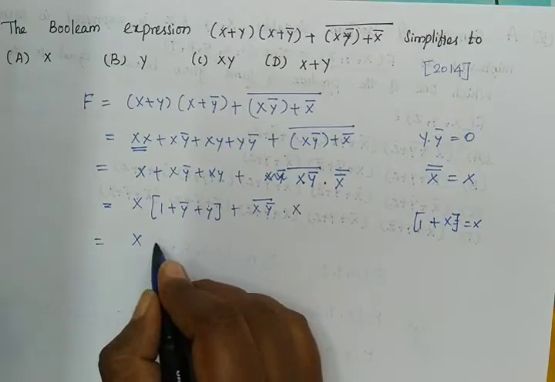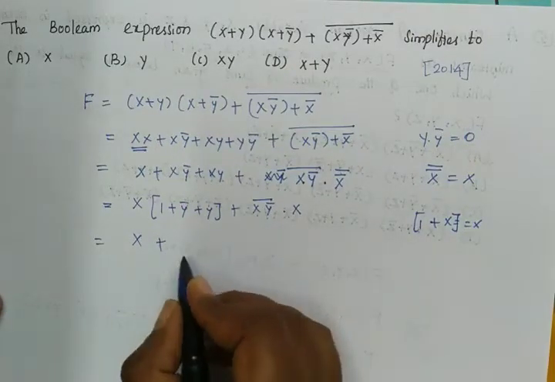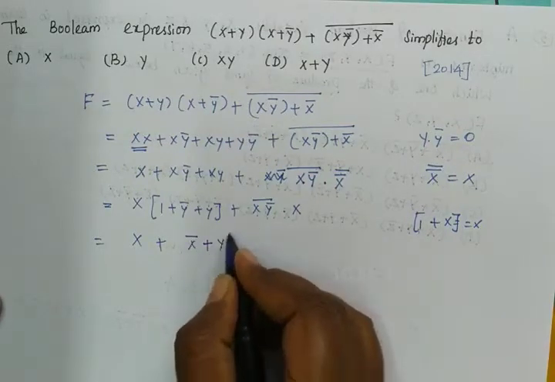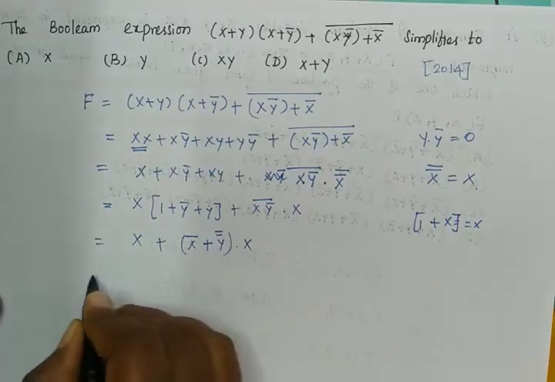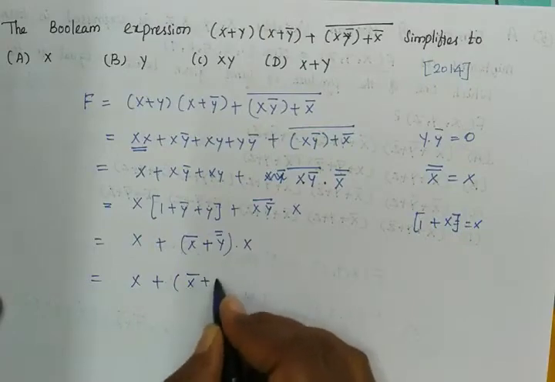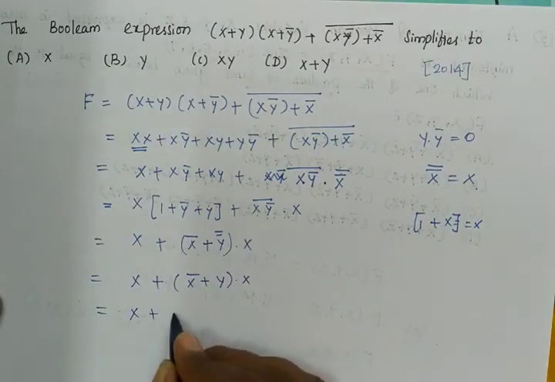So x plus, here we have x y bar, isn't it? Now we can change this as x bar plus y double bar into x. Therefore which is equal to x plus, here we have x bar plus this y double bar will become y, into x. Now multiply this, x plus x into x bar plus xy.